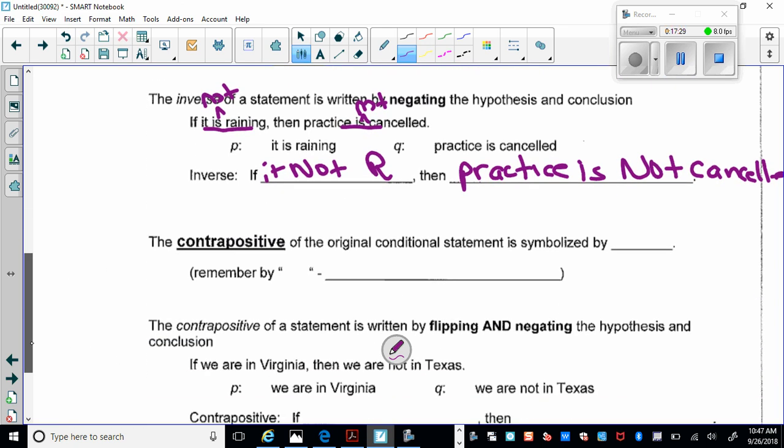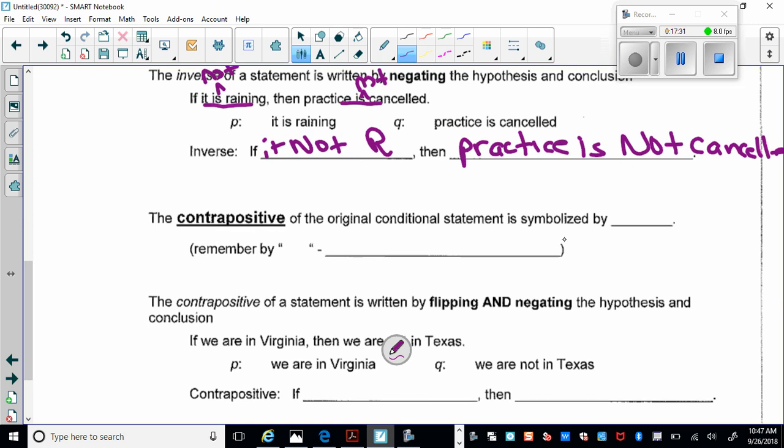All right, and then the contrapositive is when we do both. We flip and we negate. So we're doing both the inverse and converse of the statement. This is the original one. See how we flip it? It was PQ, now we have QP. It was positive, now both have to be negative.